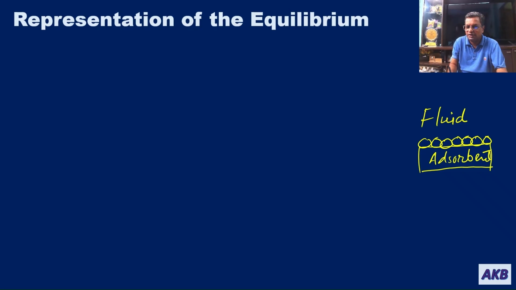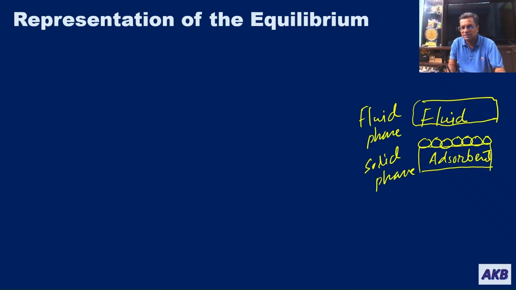So you have a fluid phase that is in contact with the adsorbent phase, and the adsorbent phase is the solid phase. So after a sufficiently long time, what will happen?